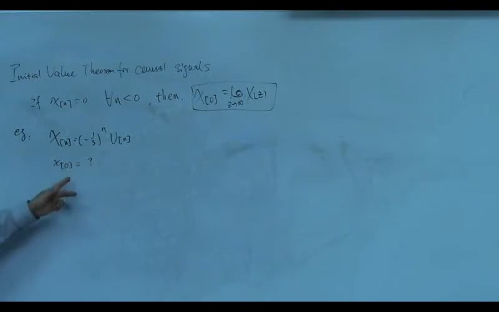You just plug. Can you tell me what is x[0], from the time domain? This is an exponential sequence, right-sided, and it is causal. So what is x0, before we use this initial value theorem?